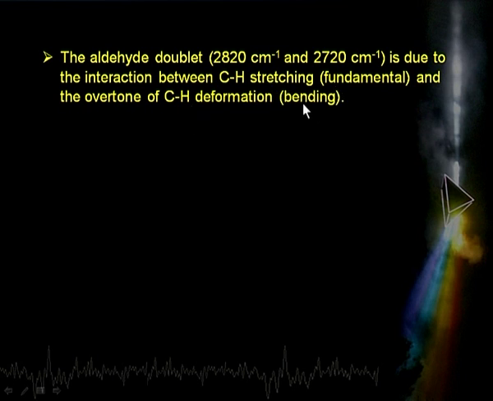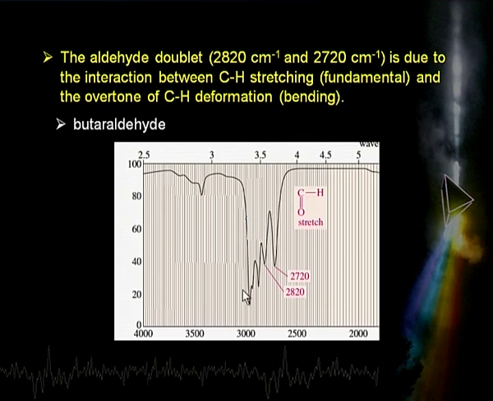So in case of aldehyde, the CH stretching fundamental mode and the overtone of the CH deformation, that is the bending mode, interact together, and what they give is two lines like this. This is typical of an aldehyde. This is a very characteristic piece of information which we have to keep in mind. This spectrum belongs to butyraldehyde. I have just shown a bar spectrum of this. What you see is the aldehyde group giving this particular characteristic kind of vibration frequency.